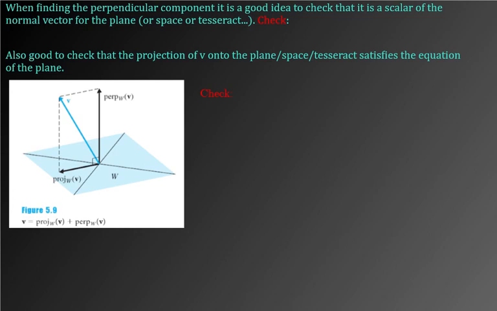So whenever you do this, it's good to do a few checks just to make sure that everything's making some sense. So when finding the perpendicular component, it's a good idea to check that it's a scalar multiple of the normal vector, right? The normal vector in the last problem was 1, negative 1, 2.